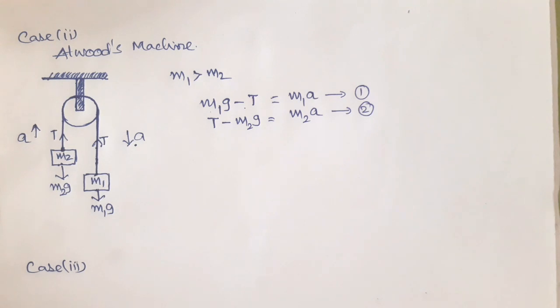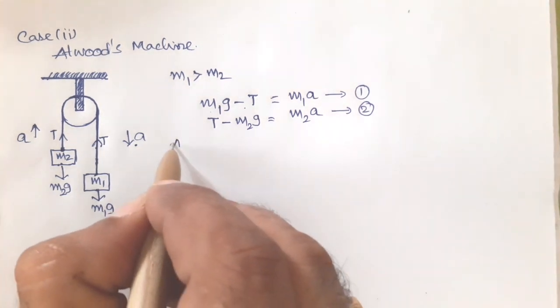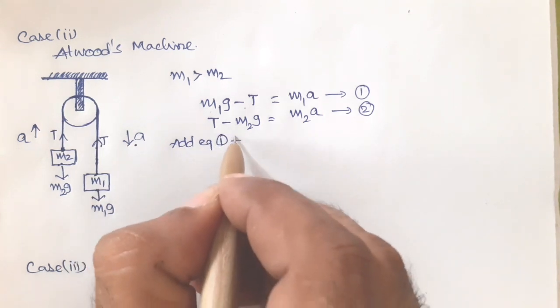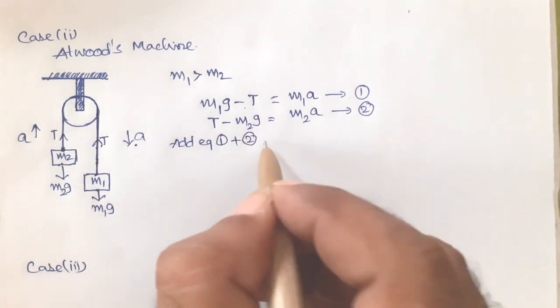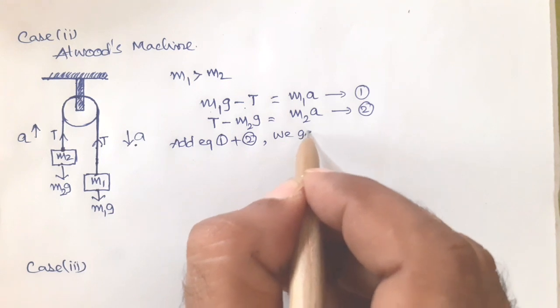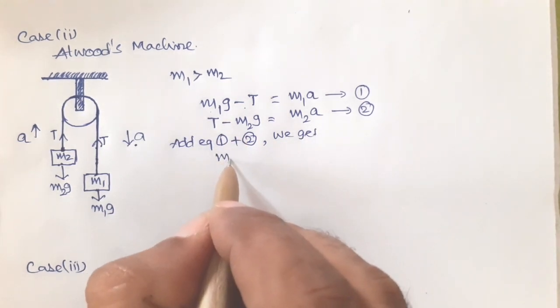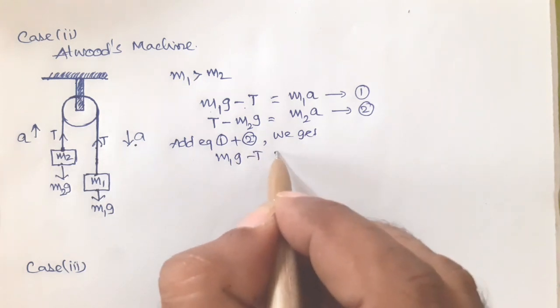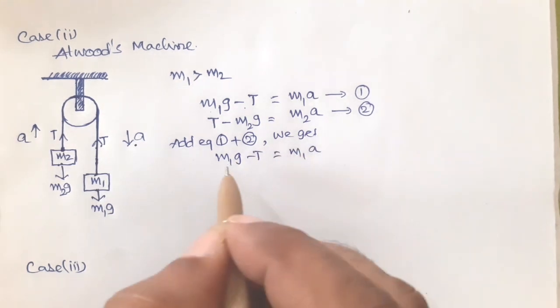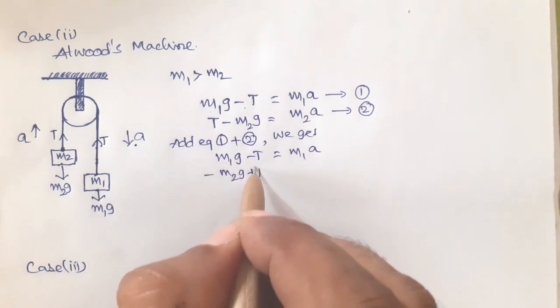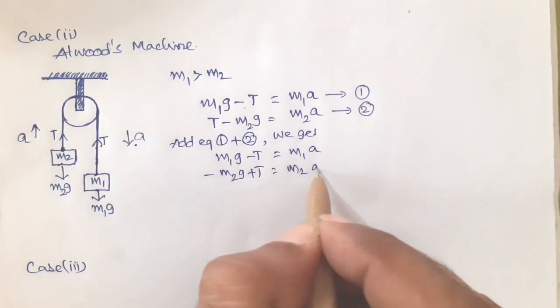To calculate this acceleration, add equation 1 and 2. If we add these two equations, that is M1g minus T is equal to M1a, and minus M2g plus T is equal to M2a.